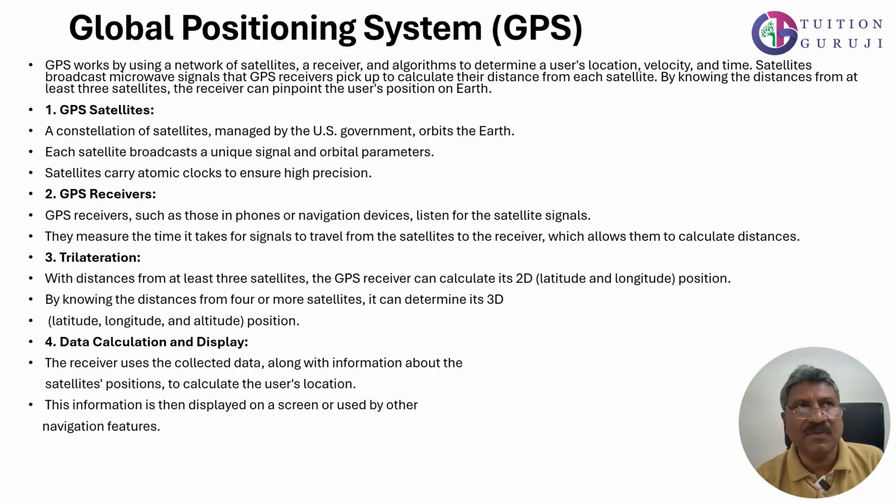So if you have a mobile device or a GPS receiver, it will be a microwave receiver. It will receive the microwave signals, and through this the position or the distance can be calculated. By knowing the distance from at least 3 satellites, the receiver can pinpoint the user's position on Earth.